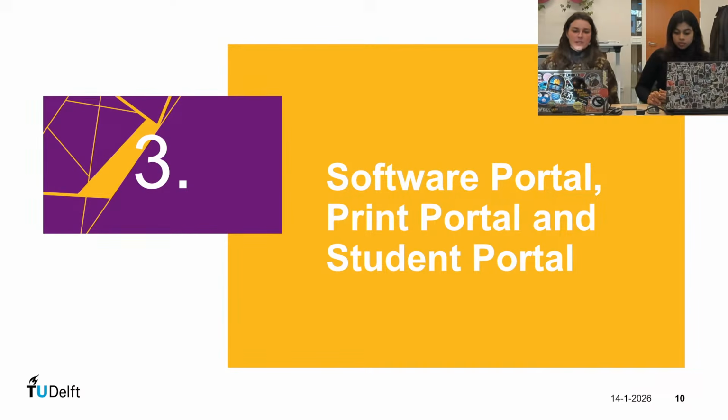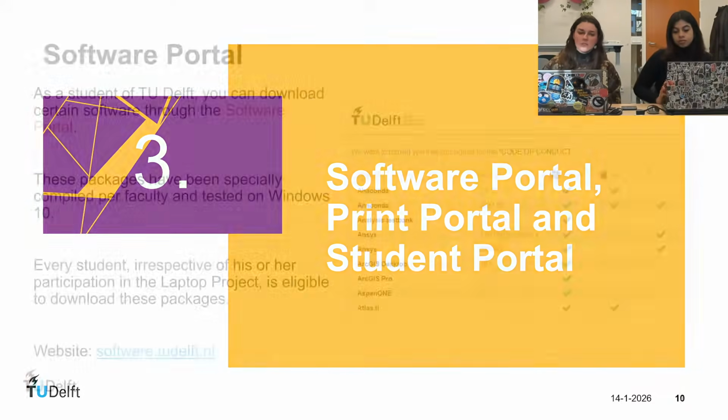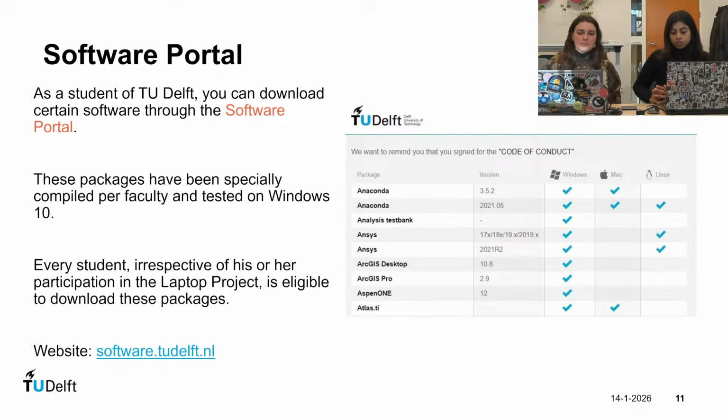Okay, and then we'll move on to the software portal, print portal, and the student portal. So for the software portal, you might need certain types of software systems for your studies that usually you would need to pay for, but they are freely available because you're a student at TU Delft. You just go through the web page there and choose the software you want to download.